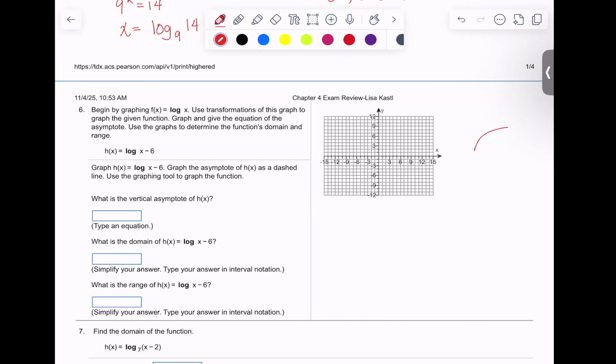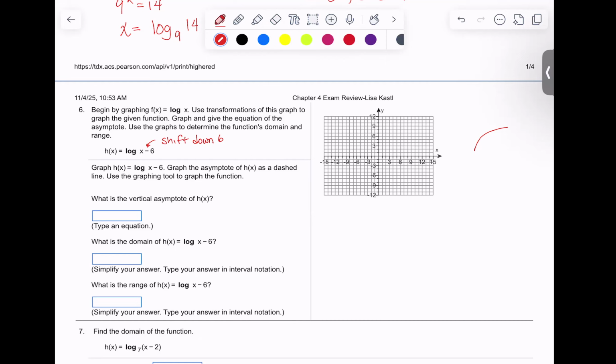All right, so what are we doing here? Use transformation. So what are we transforming? Well, we're subtracting 6 from the log of x. So that is a shift down. We're subtracting that 6 from the function. So that's a shift down 6 units.